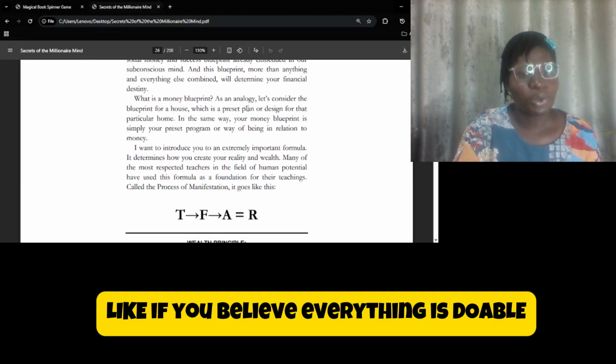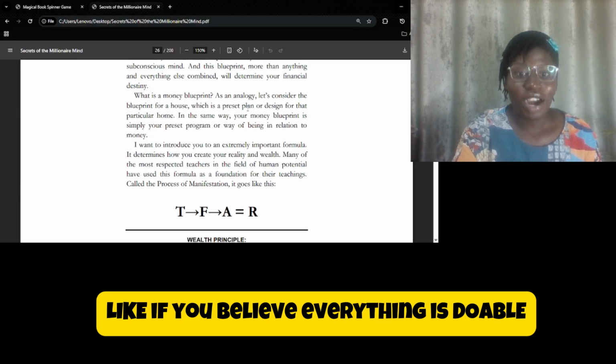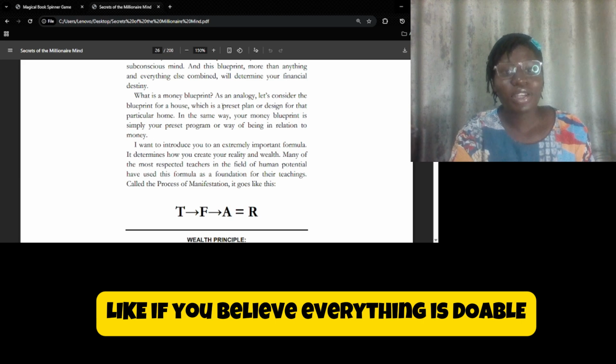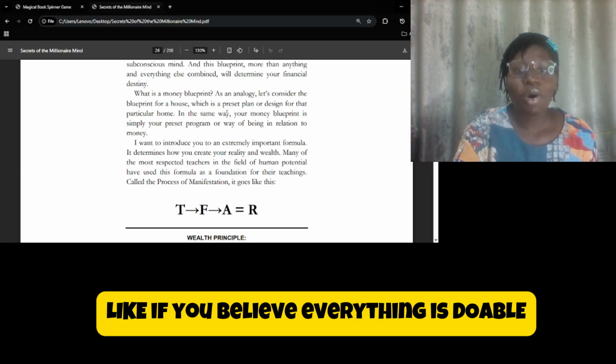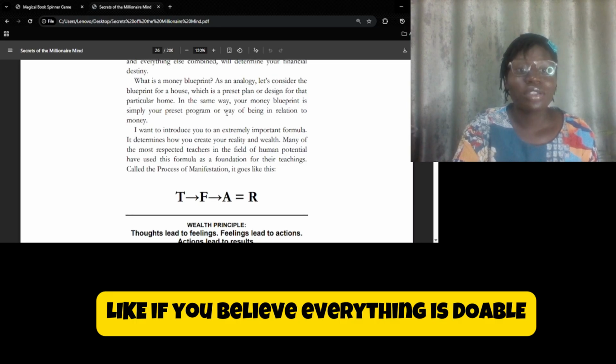What is a money blueprint? As an analogy, let's consider the blueprint for a house, which is a preset plan or design for that particular home. In the same way, your money blueprint is simply your preset program or way of being in relation to money.